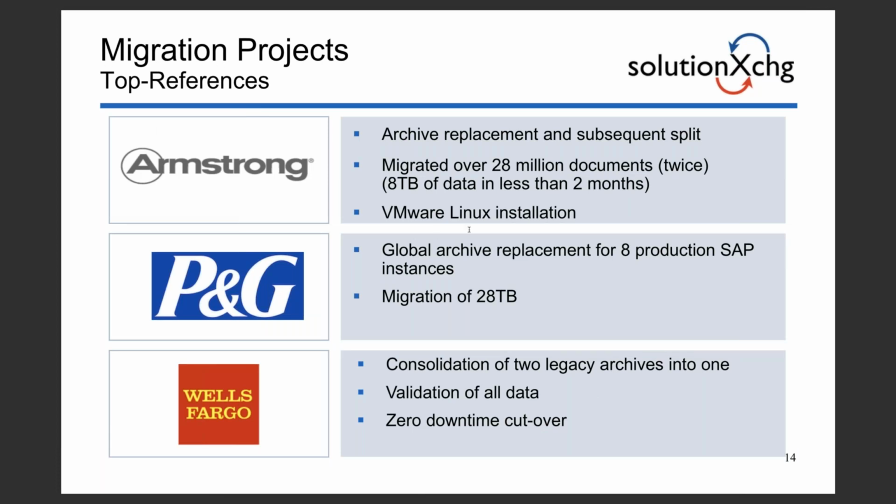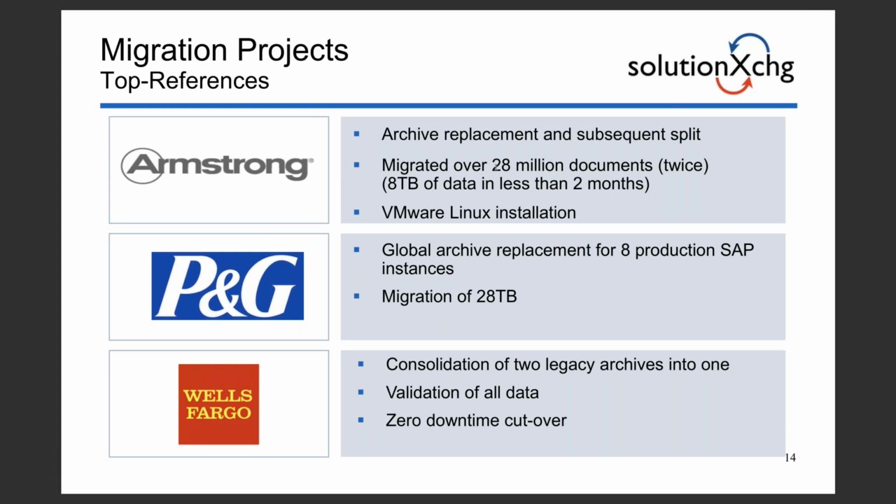Here are a couple of highlights in terms of implementation projects we have completed. With Armstrong, we did an archive replacement and subsequent system split, and archive split supported that. We didn't do the SAP system split, but we worked with the consulting companies in place and received instructions on how to subsequently split the archive system.